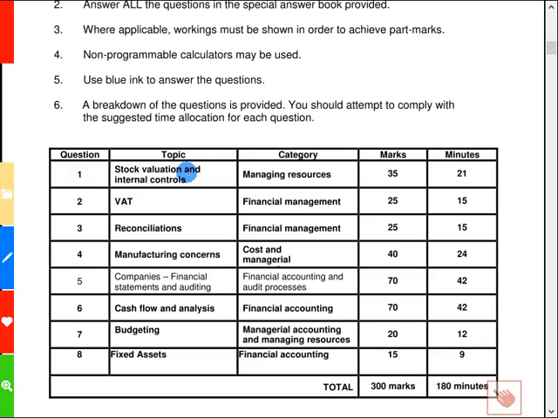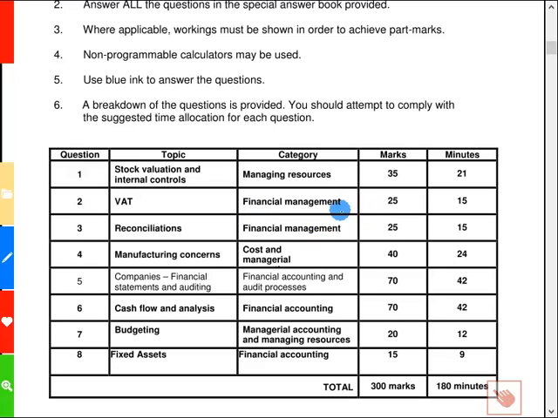Right, so you see you've got your stock valuation, VAT, reconciliations, manufacturing concerns, companies, cash flow analysis, budgeting and fixed assets. Right, so you will know which areas you are most comfortable with. Okay, so that's where you will start.